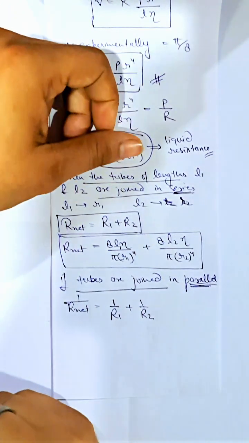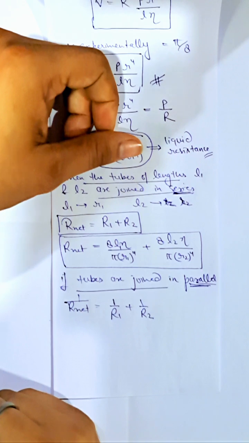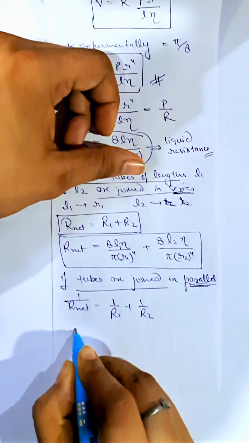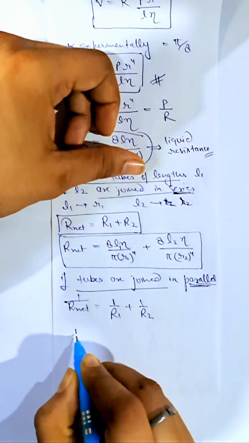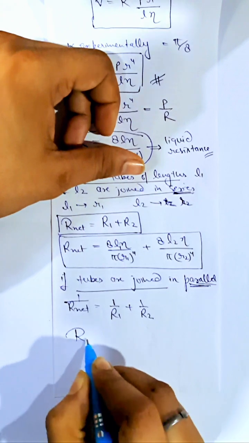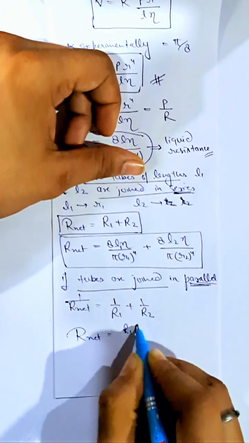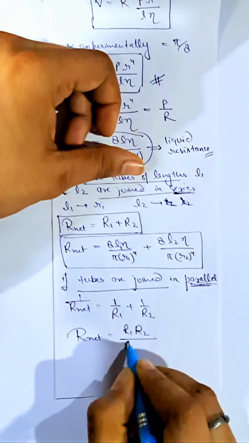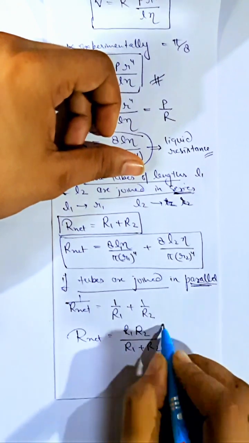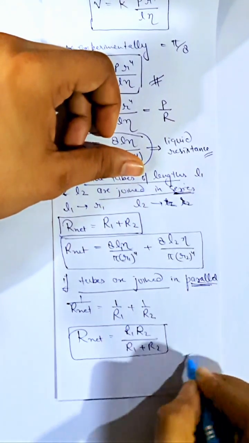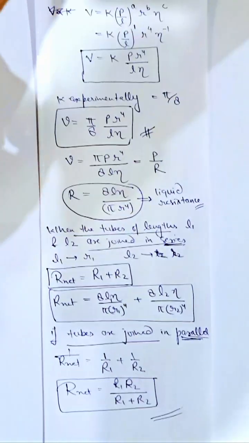So 1 by R net is equal to 1 by R1 plus 1 by R2. So total resistance would be R1 R2, taking out the LCM, over R1 plus R2. Clear?